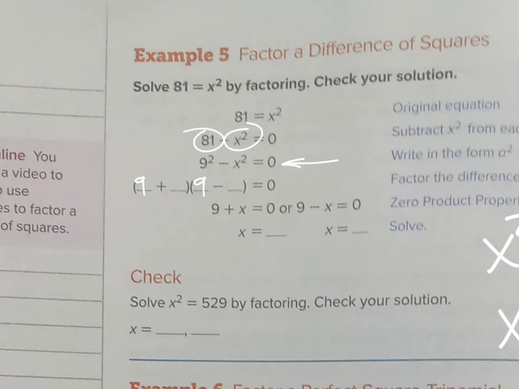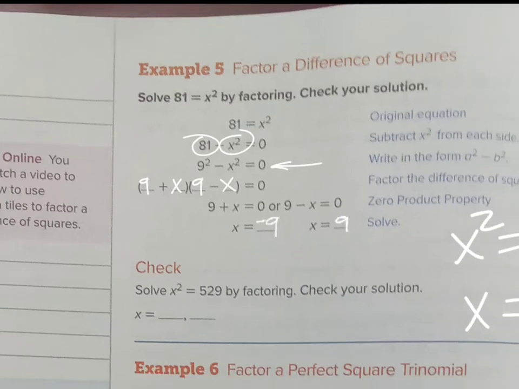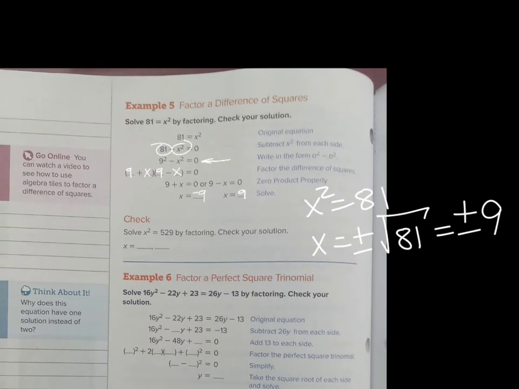And I know that the square root of x squared is x, right? One gets a plus, one gets a minus. And so now you set both of those equal to 0. And you get -9 and +9. So you can do it that way, but I would just do it like this over here, right? You do what you want though.